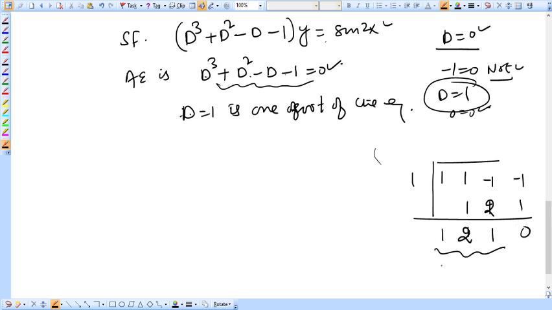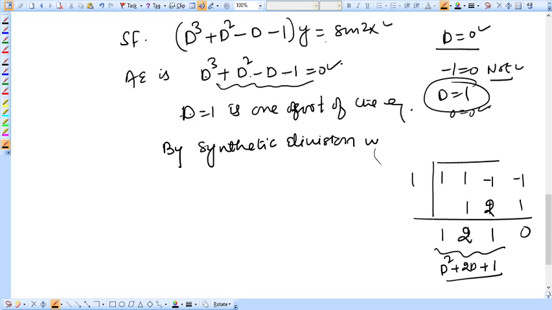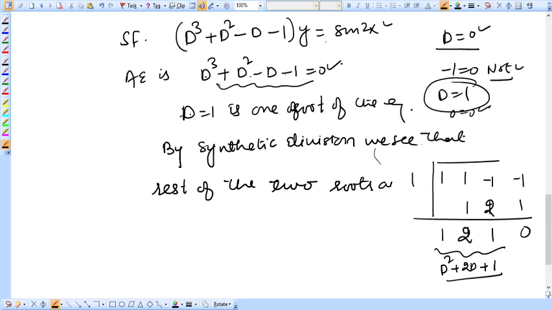So the rest of the two roots will be given by D square plus 2D plus 1 equal to 0, by synthetic division or Horner method.